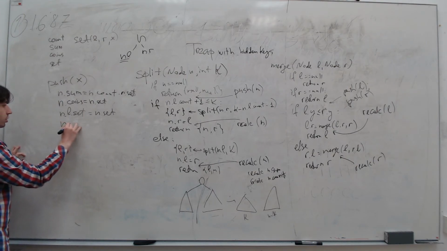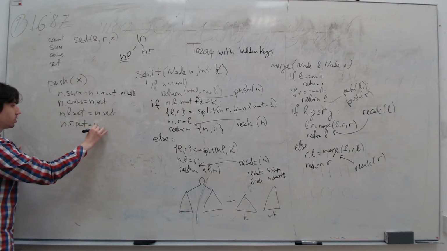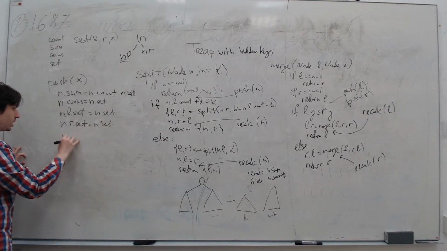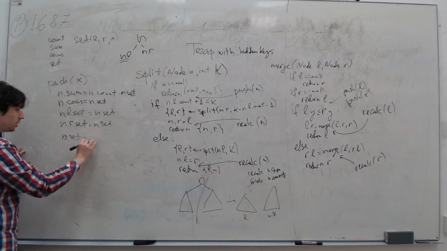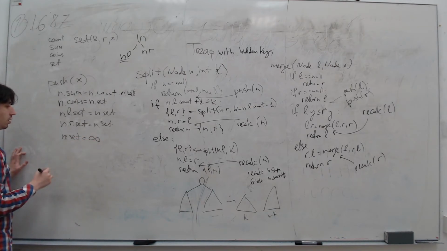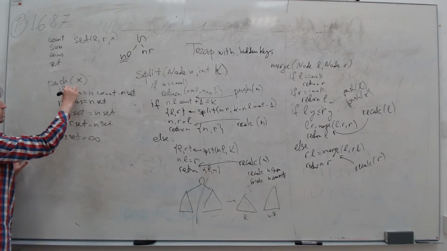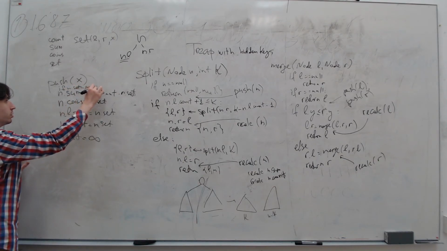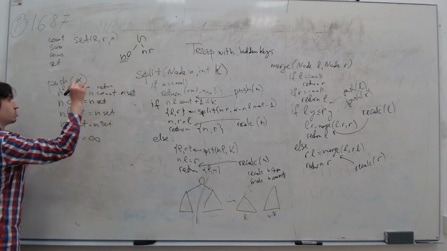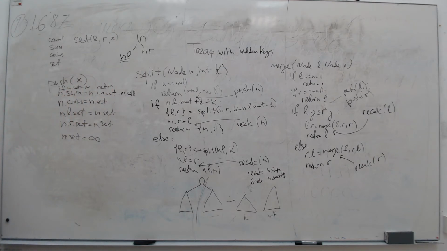So you have n.r.set equals n.set, and then you set n.set equals some bizarre value, I don't know, infinity. And here you should check: if n.set equals infinity, then return. Please do nothing.